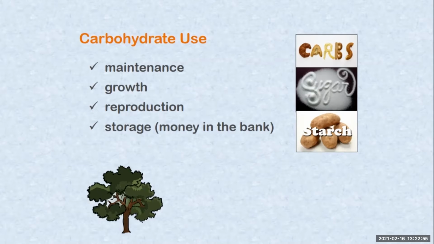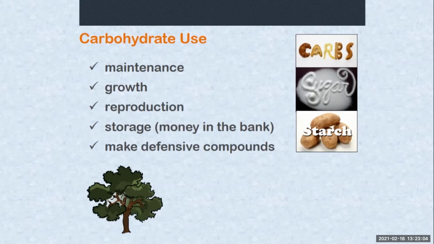They will put some of that carbohydrate into storage so that it can be used in the future for needs in the future. And of course, there are defensive compounds that are made with carbohydrates. So there's a lot of uses for this energy that is captured from the sun.